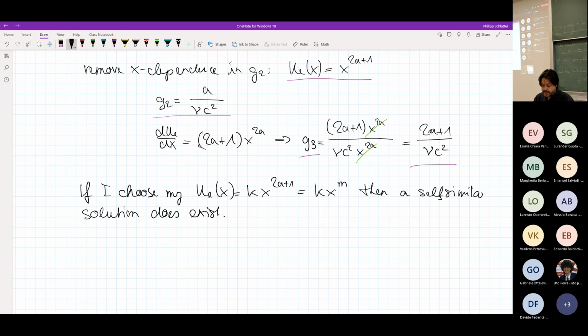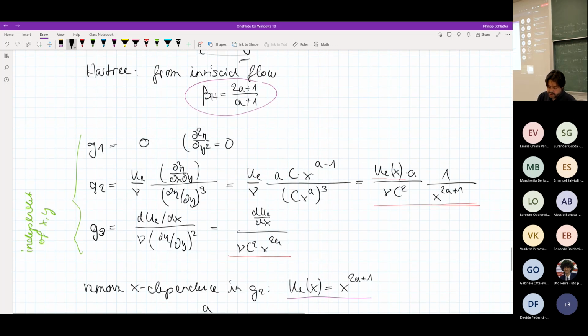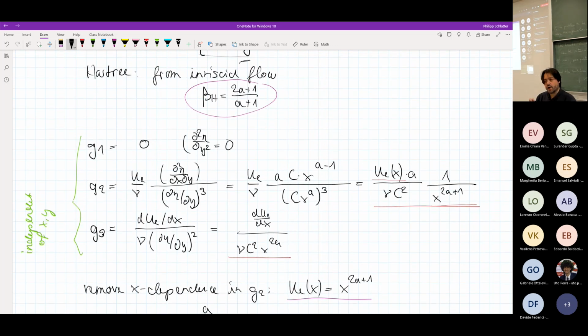So that means all my G1, G2, and G3 are only functions of eta, and I can go back to the equation that I had in the beginning, with the f's and G1, G2 and G3, and I have an equation which is only in f and eta, so I can solve it, and then afterwards I can go backwards in my similarity transform and calculate the profiles. So that's the rationale of this. Okay?